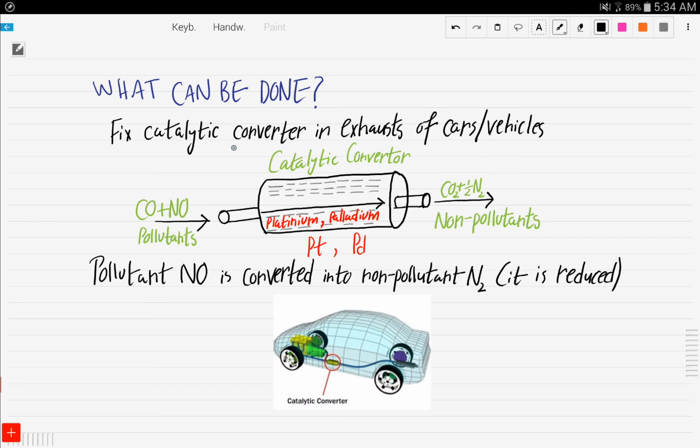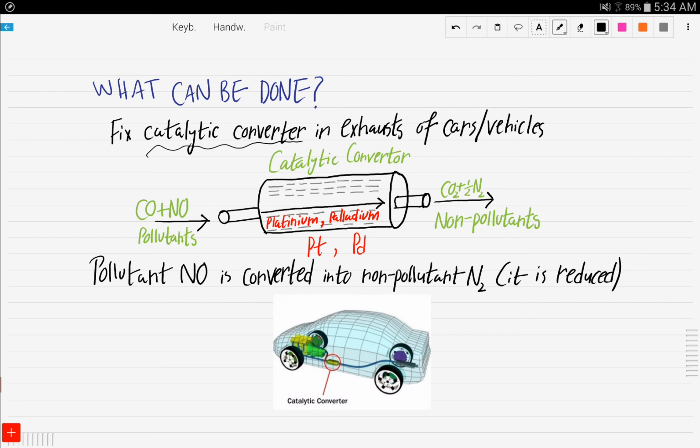You fix what is known as a catalytic converter in the exhaust of cars or vehicles. What happens is that carbon monoxide and nitrogen monoxide, which are pollutants, enter the catalytic converter, which contains platinum and palladium, which are both elements in the periodic table, and come out as carbon dioxide and nitrogen, and these are both non-pollutants.